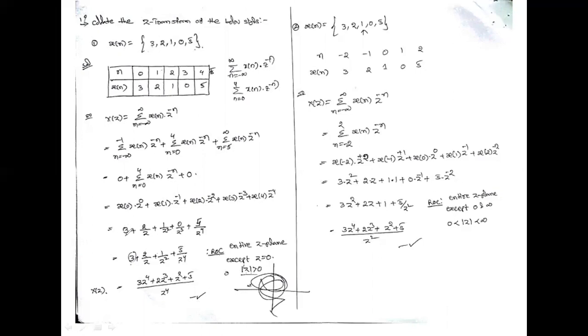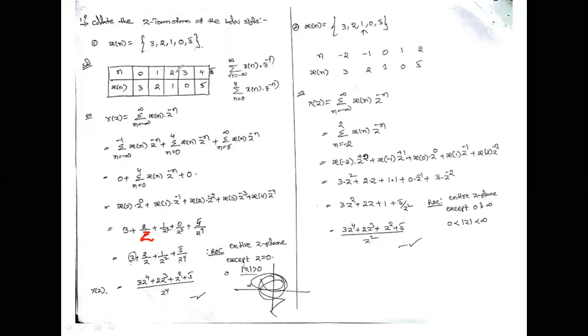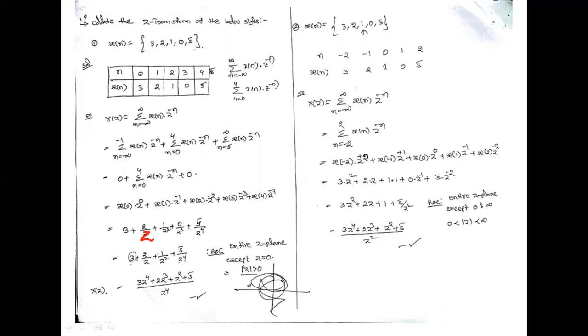For x of 0, the value 3, z power 0 is 1. X of 1 is 2, and 1 by z is z power minus 1, my dear students. Don't think it is 2, it is z. When n is equal to 2, the value is 1, and 1 by z square. And n is equal to 3, the x of 3 value is 0 by z cube.